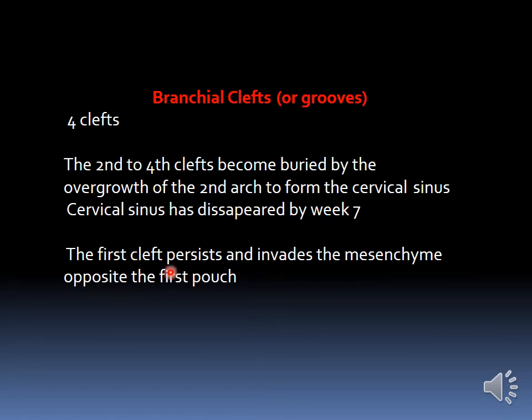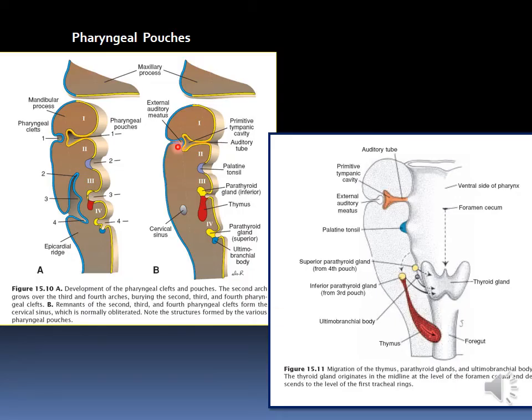Only the first cleft persists and invades the mesenchyme opposite the first pouch, whereas the second, third, and fourth will disappear. You can see here, this is the first cleft, while the second, third, and fourth will disappear and only this one will remain. It gives the external auditory meatus.